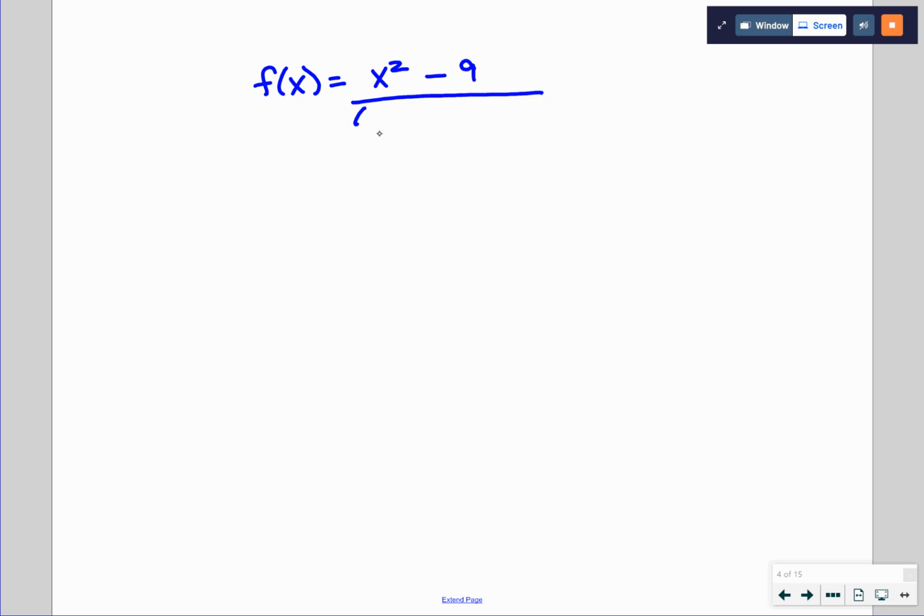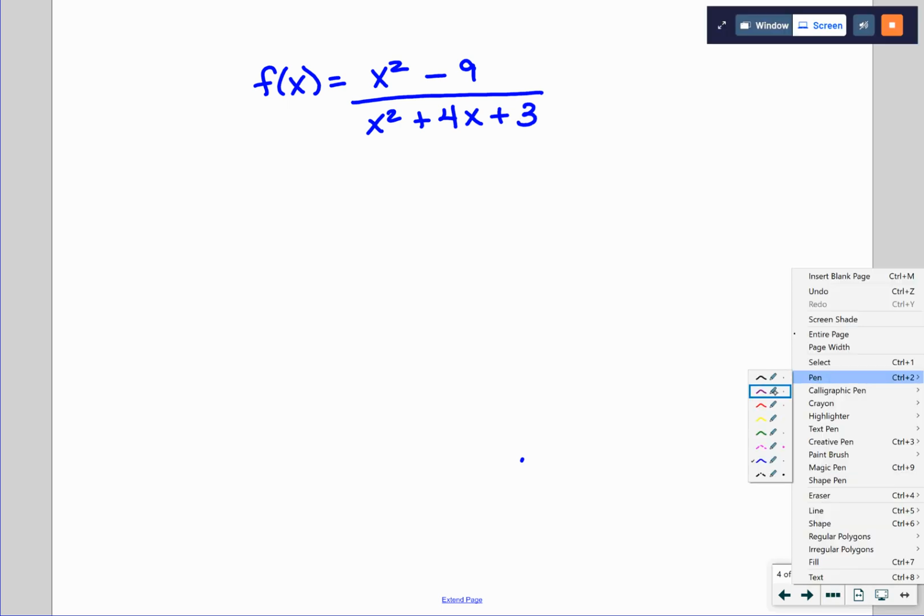Let's do that. And then that's my denominator. Okay, so vertical asymptote, hole, domain restriction, let's just put it all on there.